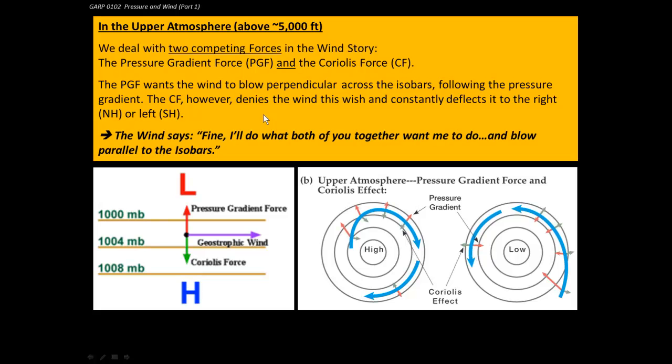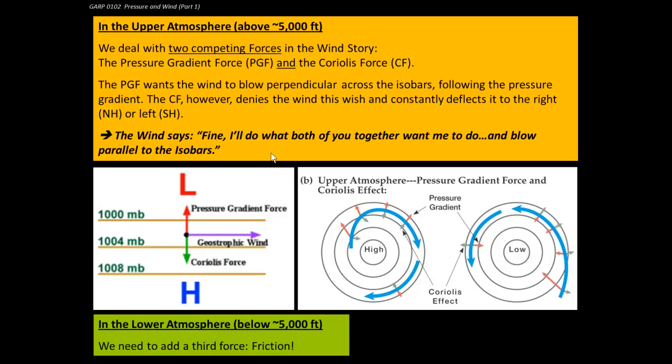I'm going to constantly deflect you to the right in the northern hemisphere, or to the left in the southern hemisphere. So the wind just says, all right, whatever, I'll just do what both of you want me to do. And the only way I can make both of you happy is to blow parallel to the isobars. And that's what the wind does in the upper atmosphere.